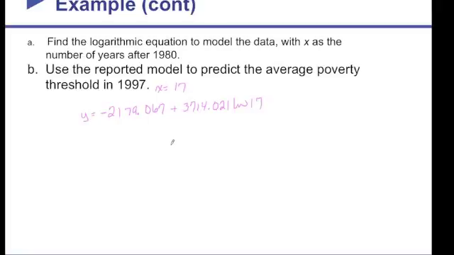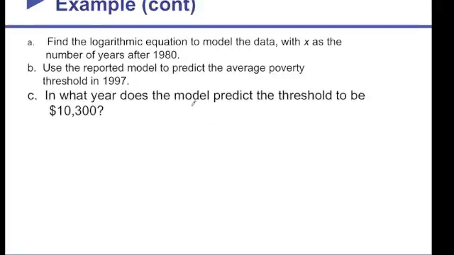Using the calculator, that comes out to $8,343.55 for the average poverty threshold in 1997.